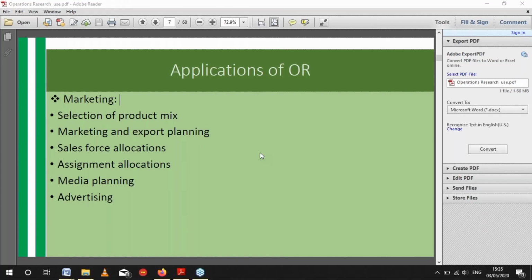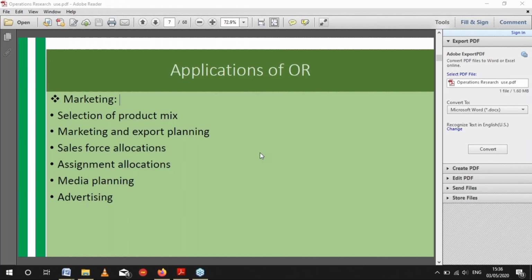Now the decision making process. What is the decision making process? One, recognizing and defining the situation. Two, identifying the alternatives. Three, evaluating the alternatives. Four, applying the model.